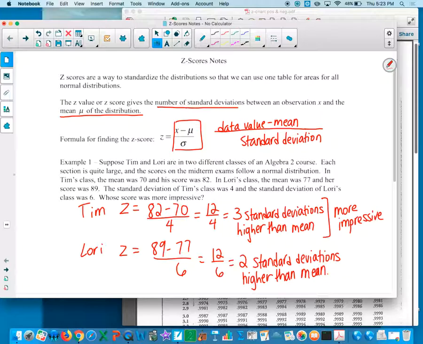Now I know for your sake, you're really looking obviously at the better score for your overall GPA and stuff, but if we're comparing to the rest of the class, he seems to have done much better than the rest of the class. So that's really what we're looking at.